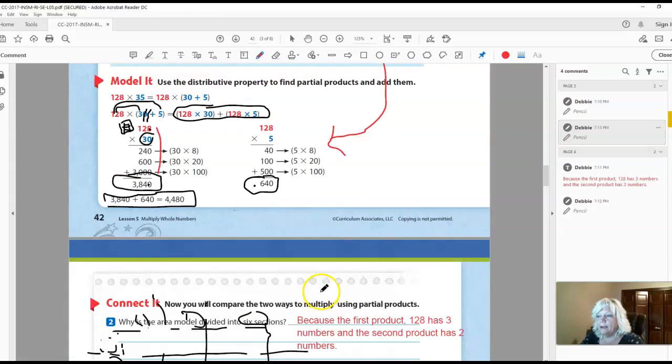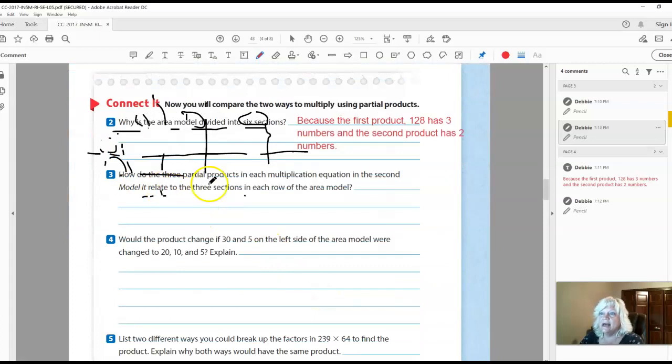So now when we go back over to this, it says, how do the partial products, that's the bottom part of the page, in the second model relate to the 3 sections in the top one?